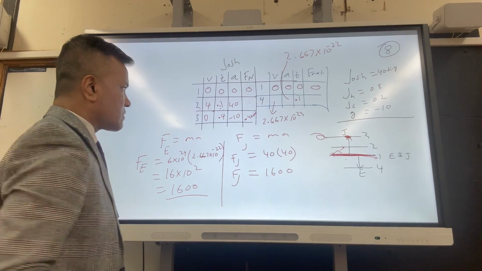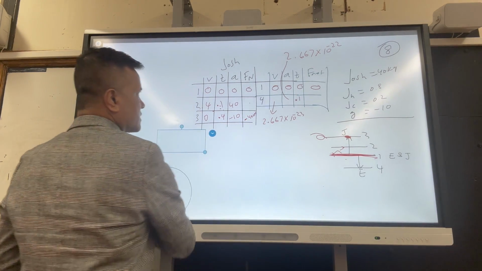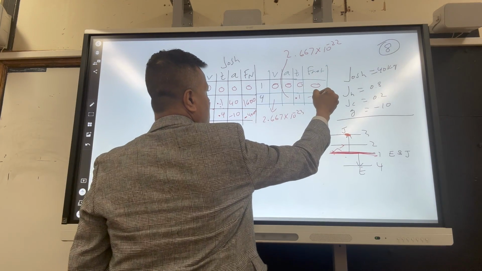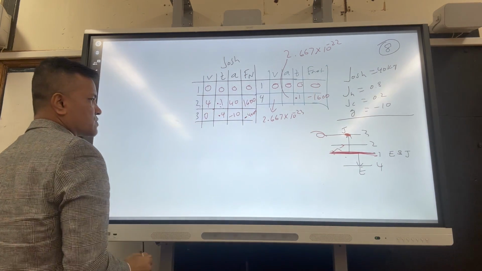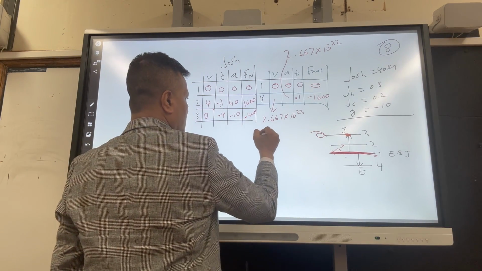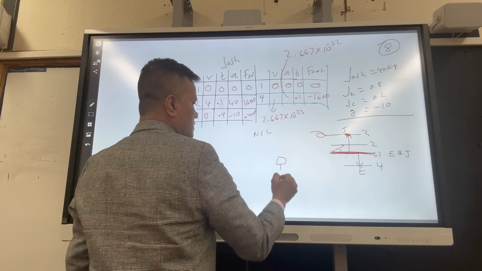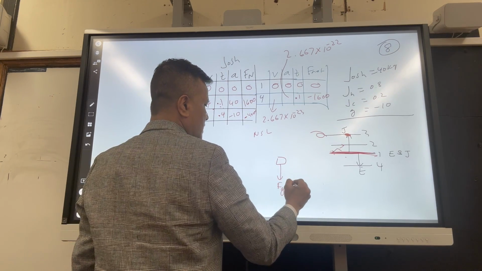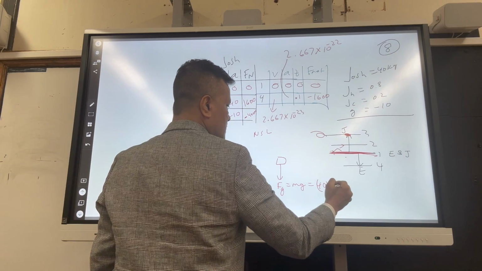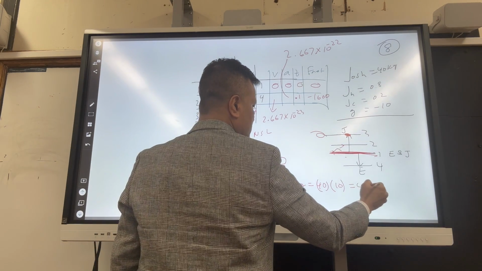Both of them, nice. So this is 1600, and this is negative 1600. Okay, so you are held responsible for Newton's second law. So this is Josh. This is Fg, which is mg, equal to 40 times 10, which is 400.